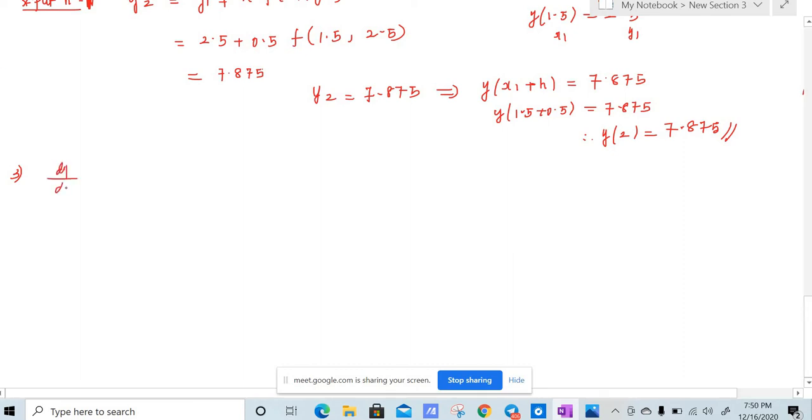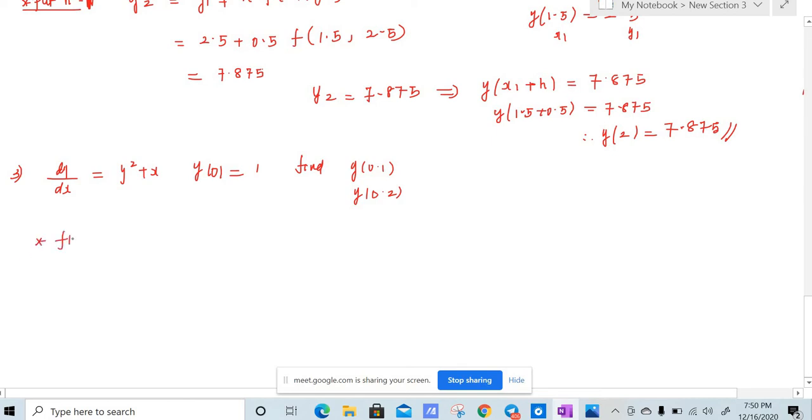dy by dx is equal to y square plus x, y of 0 is equal to 1, find y of 0.1 and y of 0.2, right? So if n is equal to 0 we will have y of 0.1, if n is equal to 1 we will have y of 0.2.